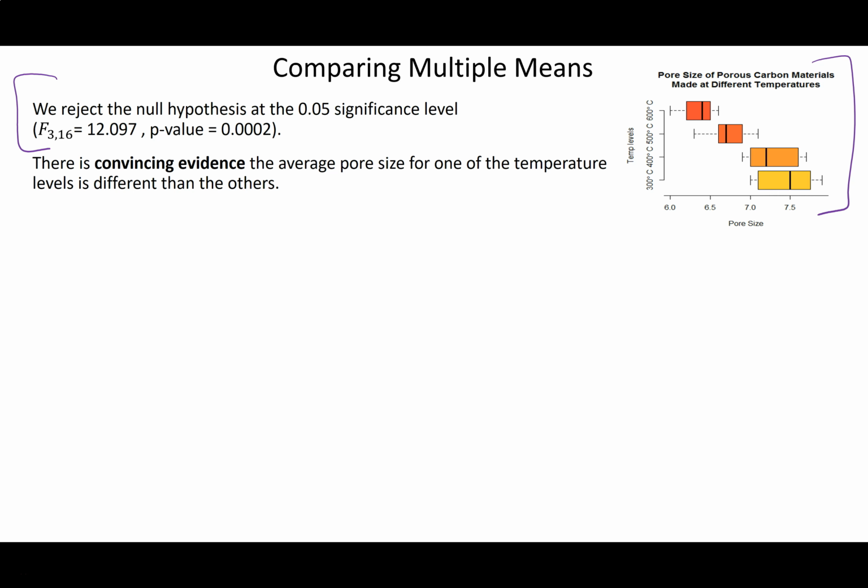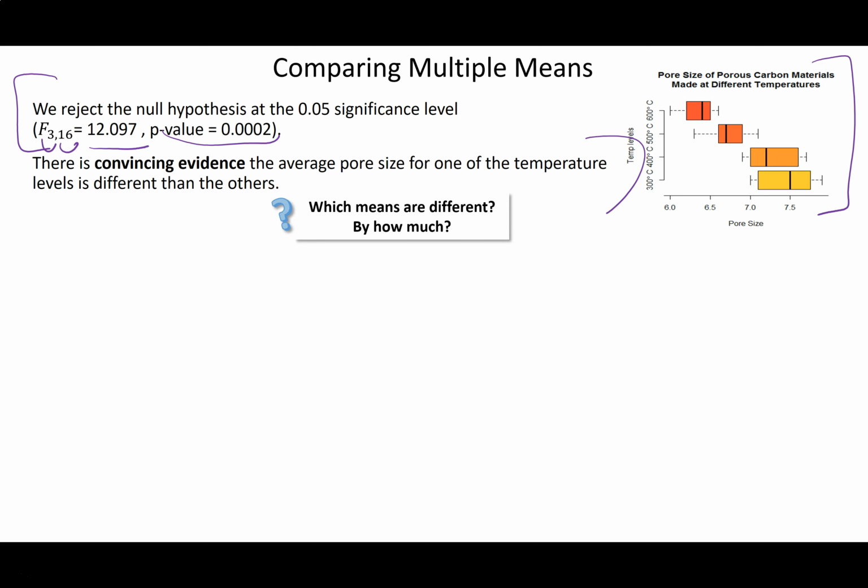We had an F statistic with 3 numerator degrees of freedom, 16 denominator degrees of freedom of 12.097, p-value 0.0002. And we conclude, hey, we have convincing evidence that the average pore size for one of the temperature levels is different than the others. It's not to say that all of them are different from each other, but at least one.